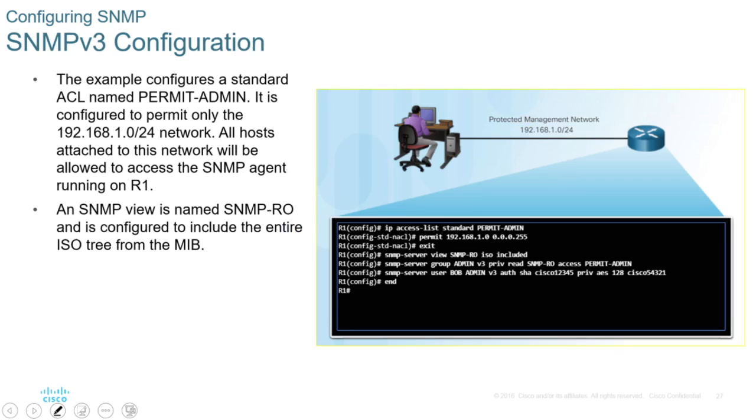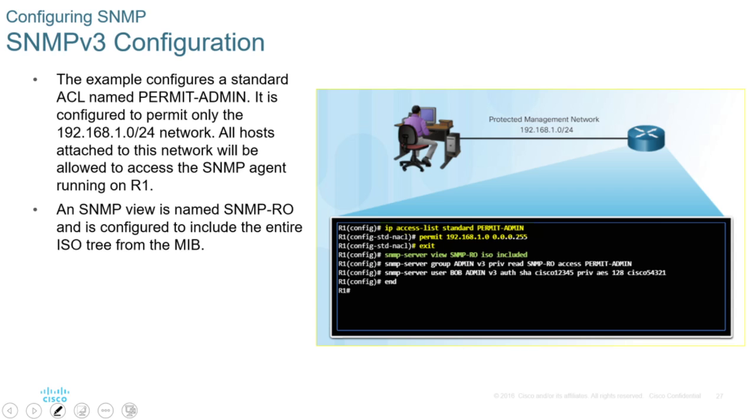As an example here, we can create an ACL saying permit admin, and there we can specify the admin network that we will permit. That is configuring the ACL. After we have configured the ACL, we can go to the SNMP view read only, and we will include ISO there. Only the ISO level is included.